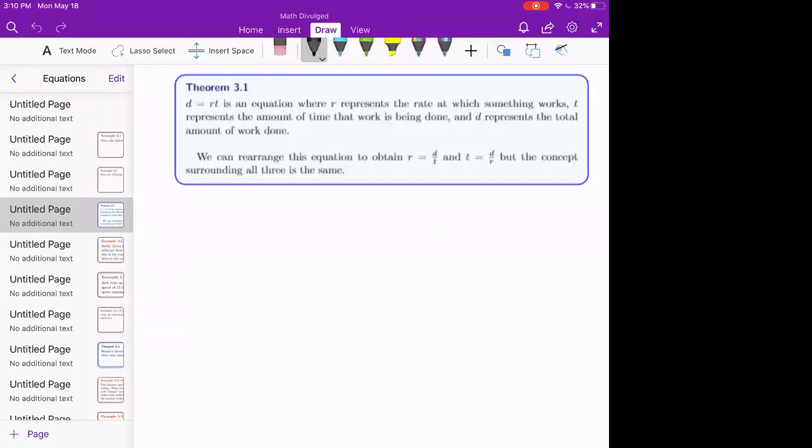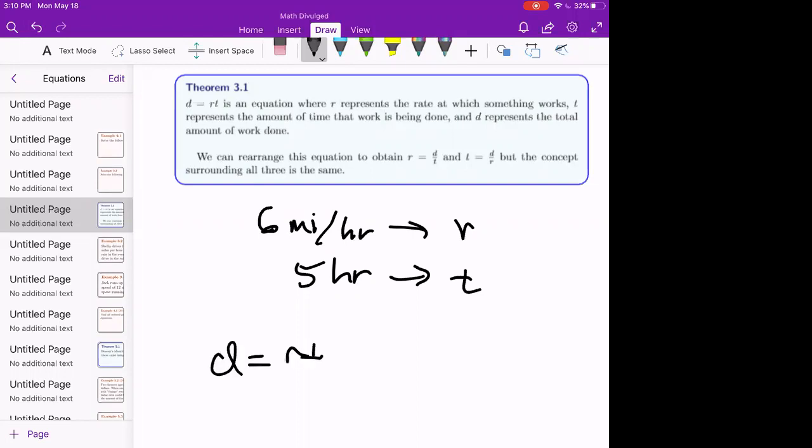This might seem a bit unclear at first, so I can show an example right now. For example, if someone runs at 6 miles per hour, and they run for 5 hours, well then this would be the r, this would be the t, so the distance that they run is equal to rt, which is equal to 30 miles.